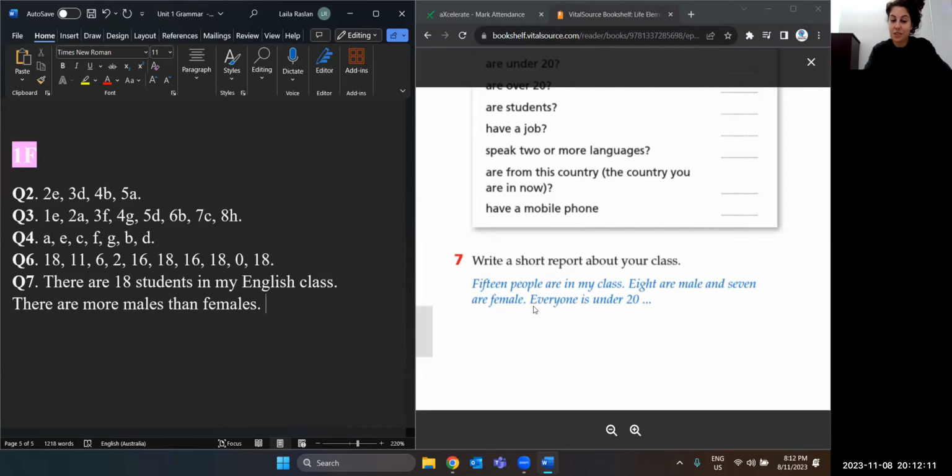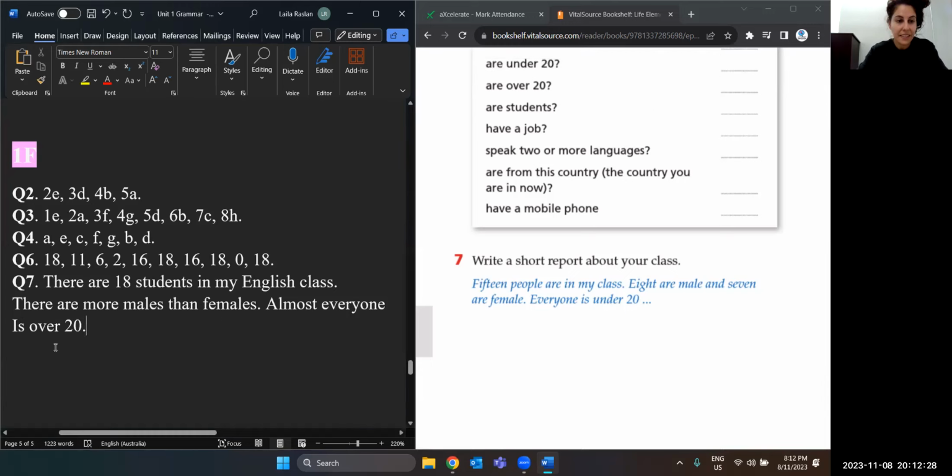Almost everyone is over 20. Almost everyone, because not everyone, because there are 2 people. So almost everyone is over 20. That means older than 20.